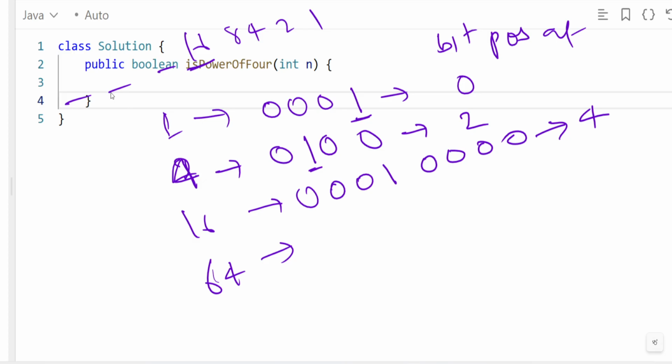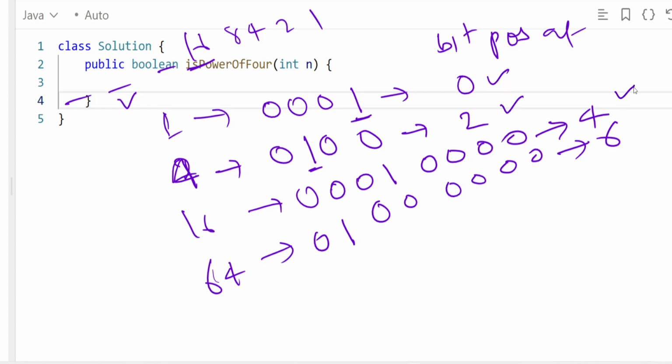Similarly, if we take 64, it will become 1 here, meaning 32, 64, and the rest of the thing is 0 0 0 0 0. This is at the 6th position. So either you're taking 0, 2, 4, 6. So for powers of 4, if we are taking 1, 4, 16, 64, the bit positions are at 0, 2, 4 and 6.